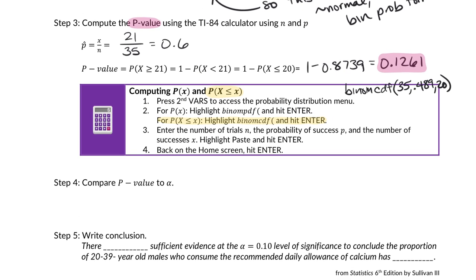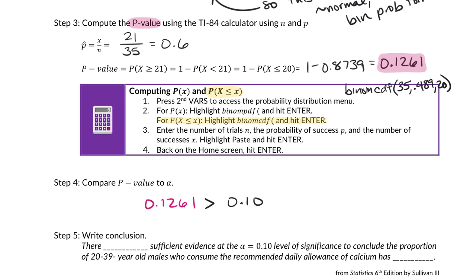But then we go back to how we solve the other ones. We compare the p-value to alpha. The p-value we got was 0.1261, and we're comparing that to alpha, which was 0.10. Which one's larger? The p-value, correct?